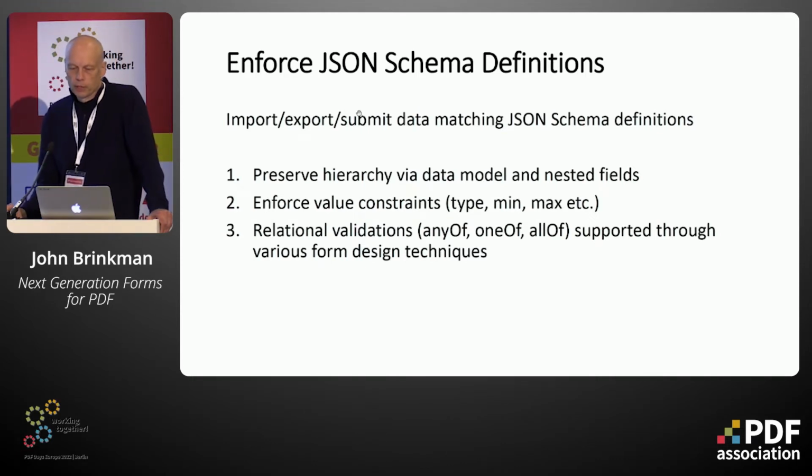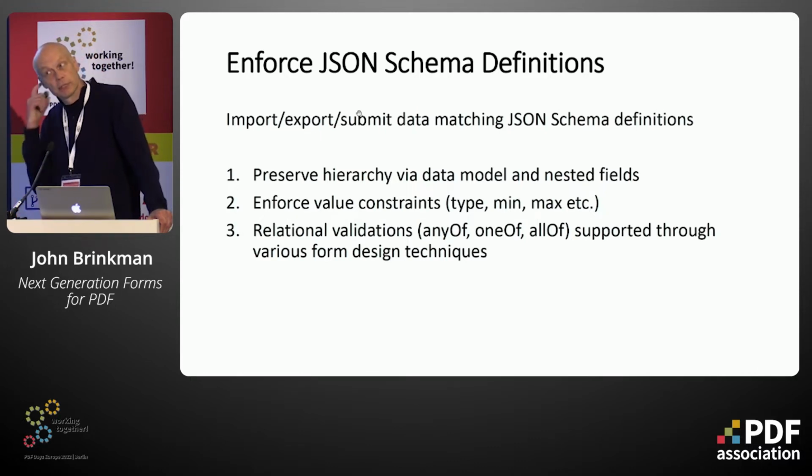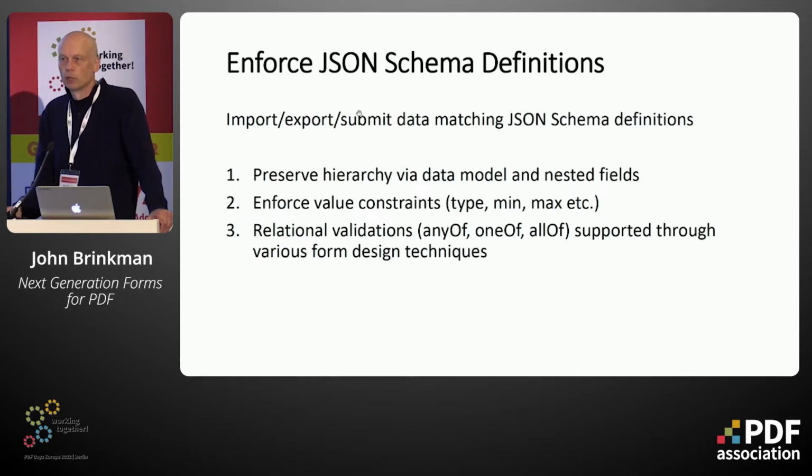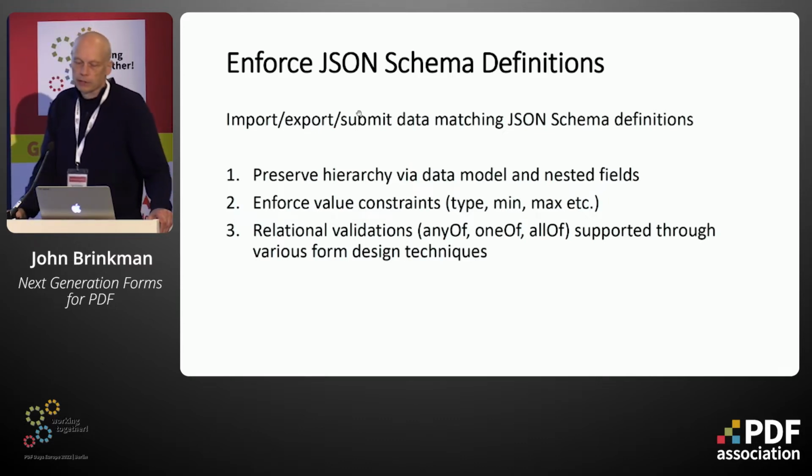As mentioned, we want to be able to support our customers who come to us with JSON schema definitions that they want to support. JSON schema won't appear explicitly in the grammar anywhere, but we are providing all the tools that will allow you to shape your JSON exactly as you need to. So it starts with having the hierarchy of fields and field sets introduce hierarchy in the data, just as your schema would.